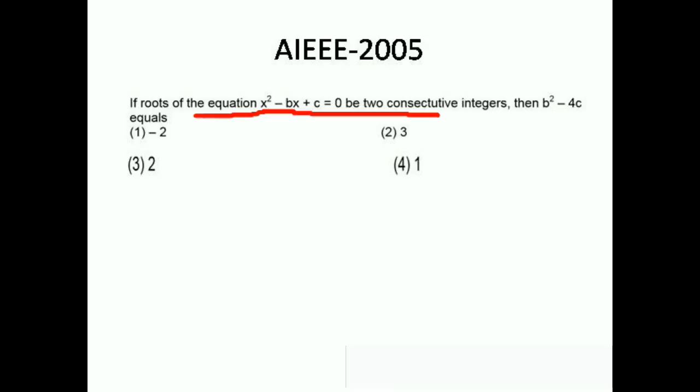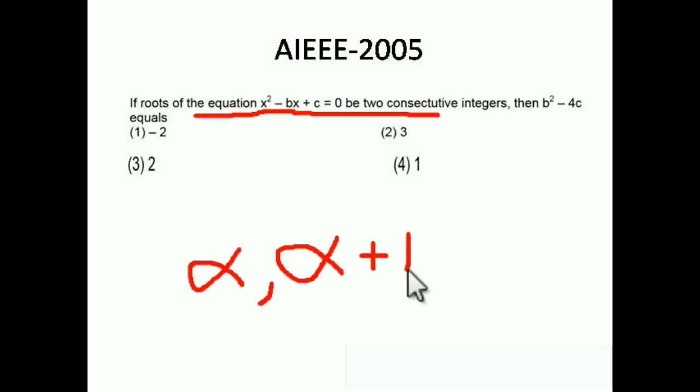Okay, so here they give two consecutive integers. Just simply take one root as alpha, and let the second root be alpha plus 1, because these are two consecutive integers.